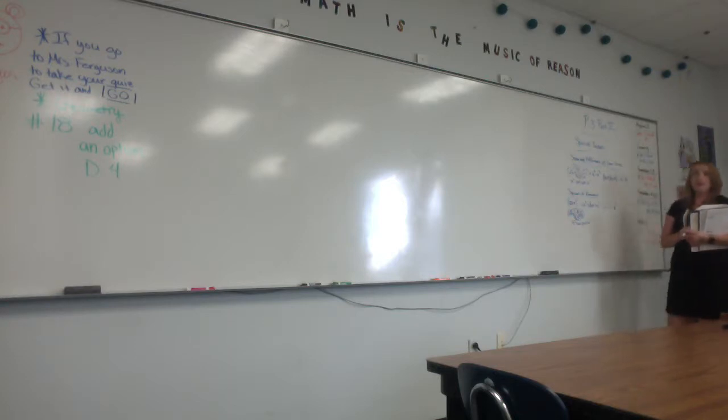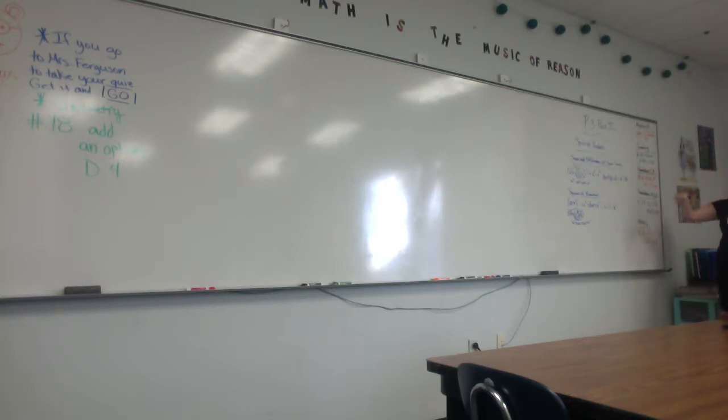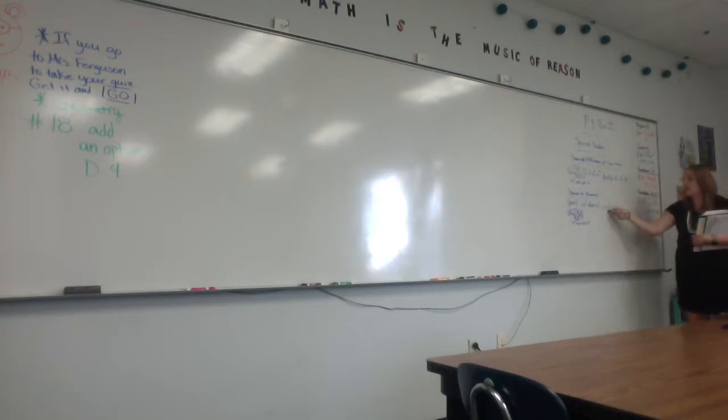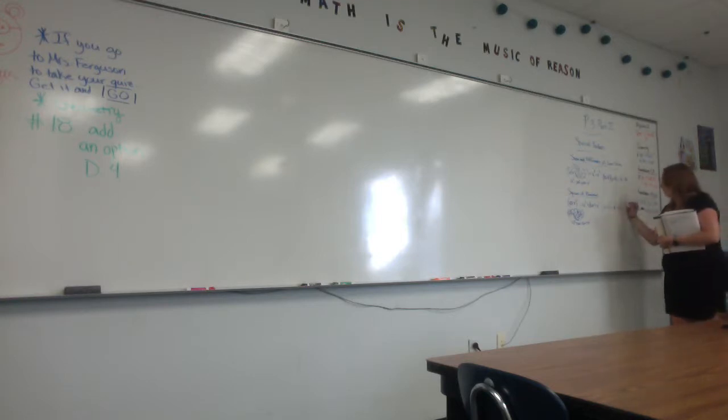Now, if I was FOILing, the next thing would be to do x times 3, which is 3x, and then I would do 3 times x again, so it's whatever this number is doubled that goes here. So it's this number times 2. And then on the outside, I get this squared. What is 3 squared? 9.